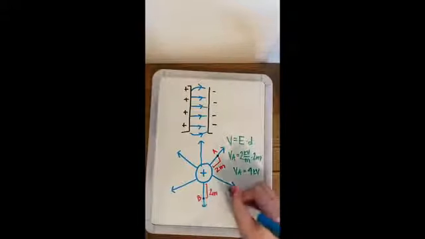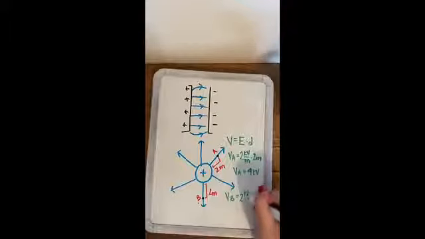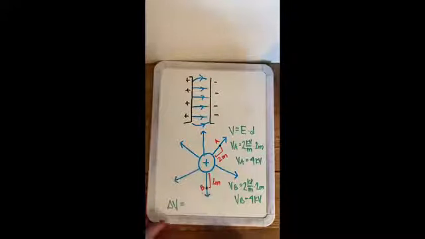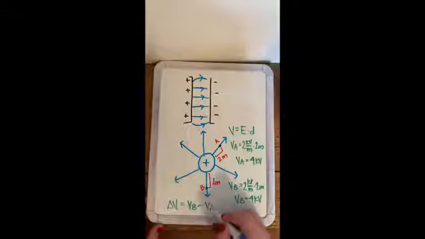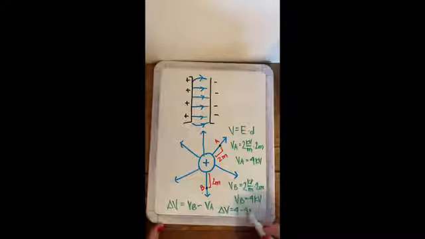Same thing with B. We can look at the change in voltage, which is equal to voltage B minus voltage A, and we realize that we get no change in voltage.